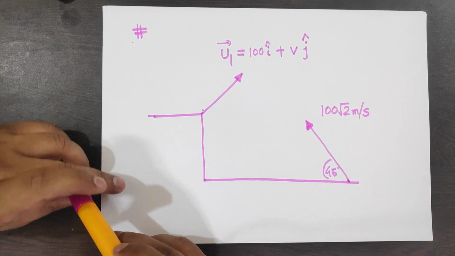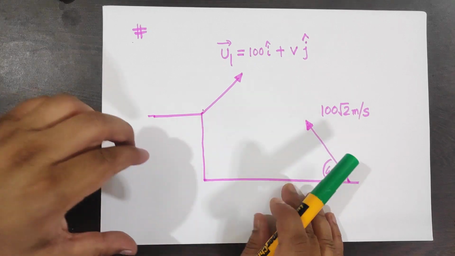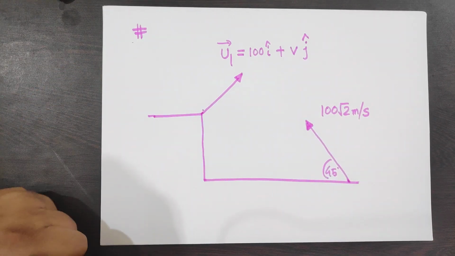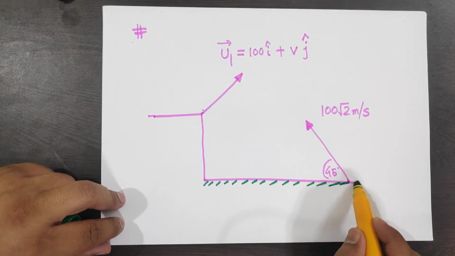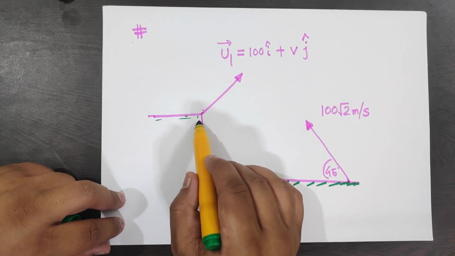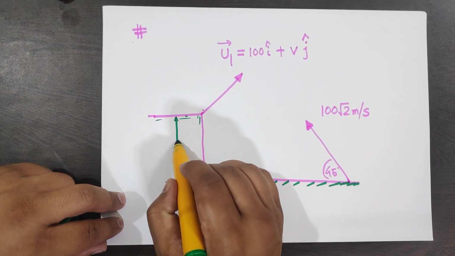So now these all distances are given, and this is thrown from a slightly high platform. This is the ground level, and this is a platform. Say that these all dimensions are given.